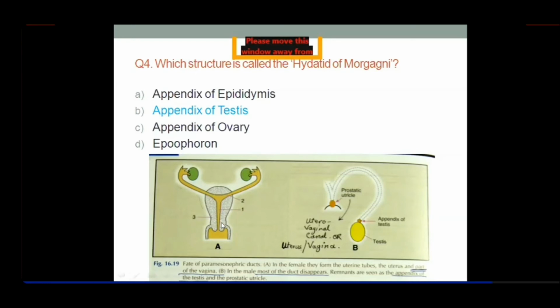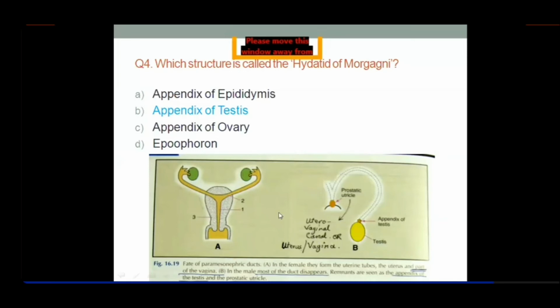Basically, you prefer calling it vagina because it's the lowermost extent of the paramesonephric duct, upper one-third, and that's the remains that persist in males at the posterior aspect of the prostatic urethra. So these are the two remnants. This is the cranial, because actually testis descends down, right?